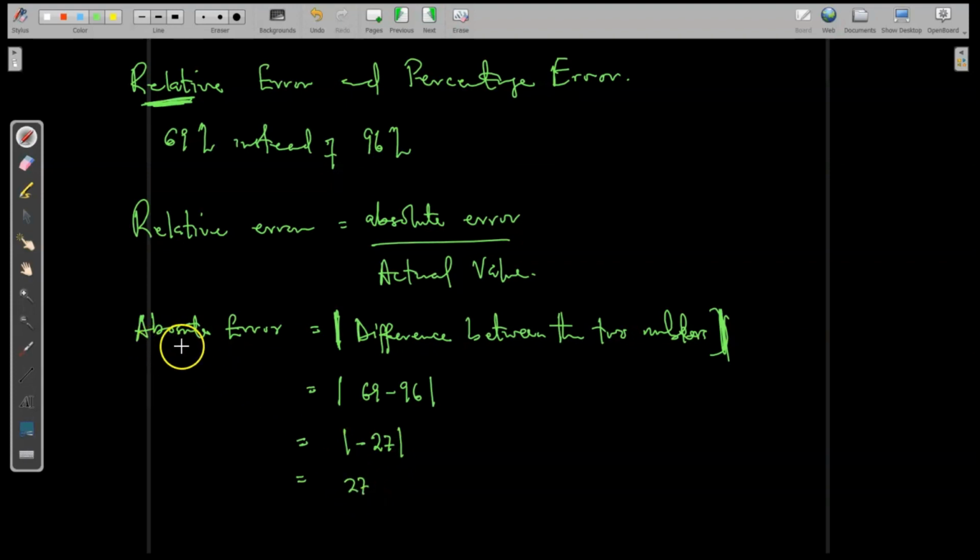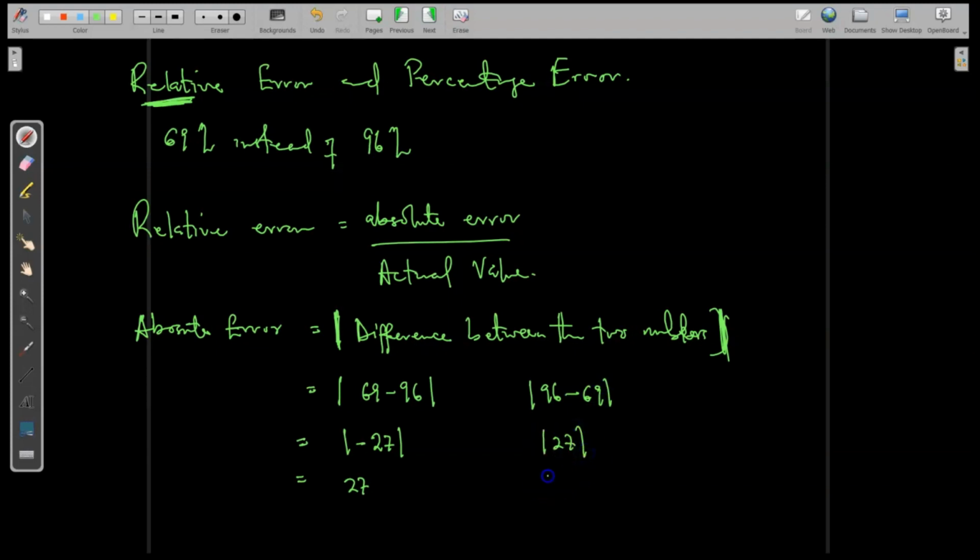The meaning of absolute simply refers to taking the number from zero. Taking the number from the 0 point. So the same person could have calculated the absolute error as 96 minus 69. And that would be giving us the absolute value of 27.